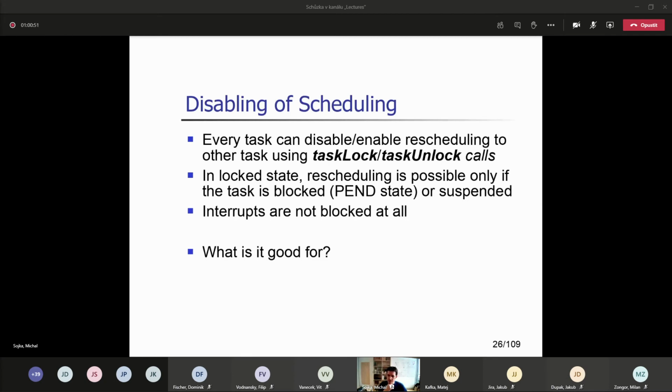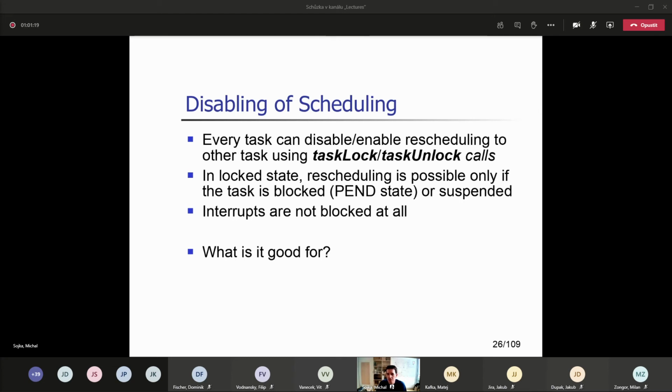And in this locked state, the invocation of the scheduler is not allowed by default. The only case when the scheduler is invoked is if the active task is blocked, meaning it goes from ready state to pending state.